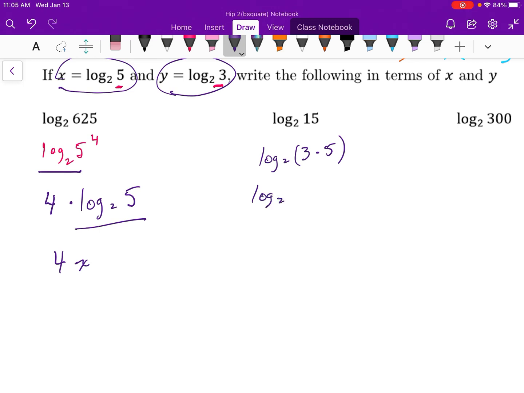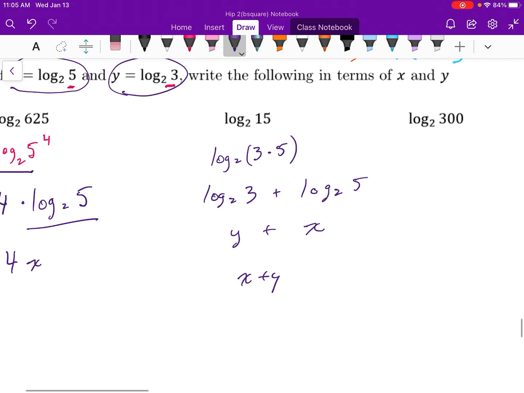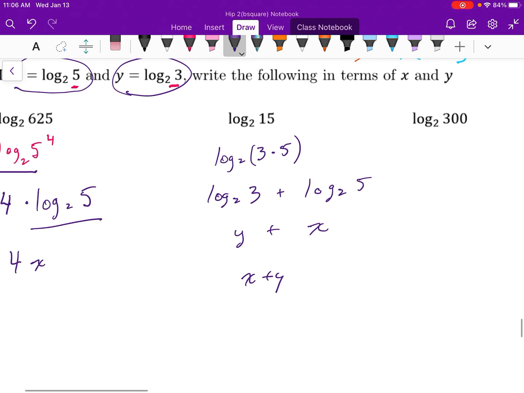And since the arguments are being multiplied, I could write this as log base 2 of 3 plus the log base 2 of 5. And we know that log base 2 of 5 is equal to x, and log base 2 of 3 is equal to y. So this is y plus x or x plus y. Fair enough. I like this. This is fun.